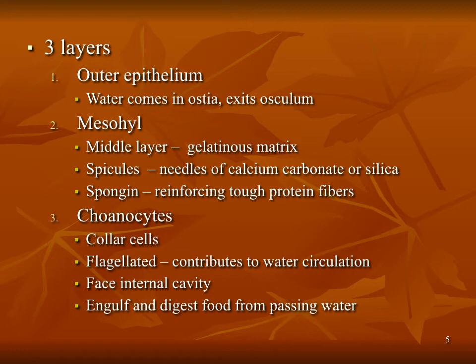Then underneath that outer layer, there's a gelatinous matrix called the mesohyl, which is where spicules and spongin are found, kind of the supporting structure. And then the inner layer are the main cells, the choanocytes. These have flagella, and the flagella beat in unison to draw water in. And then they also have a little collar around them, and the collar has mucus that traps the particles. So these cells trap the particles and ingest them, and then they can pass those particles on to other cells.